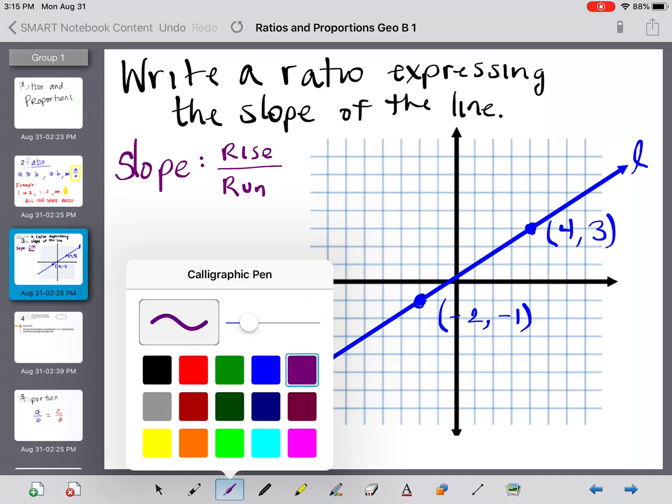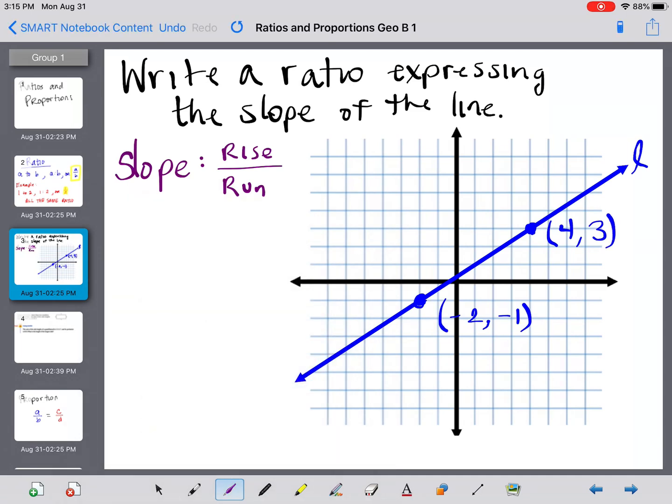When we count our rise, we start at our first, lower point and go up. We follow our blue lines and count 1, 2, 3, 4.